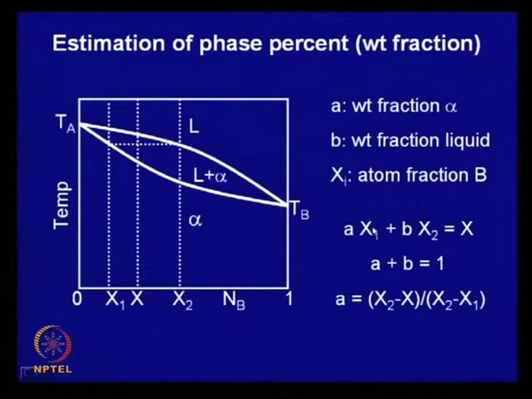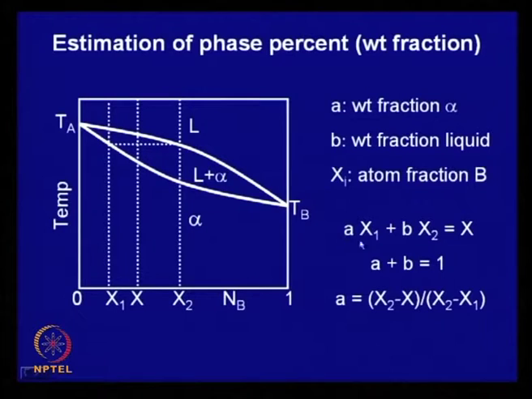This is the amount of B in alpha, and x 2 is the liquid composition, and B is the weight fraction of liquid. So, this product will give you the amount of B in liquid, and both should add to x.